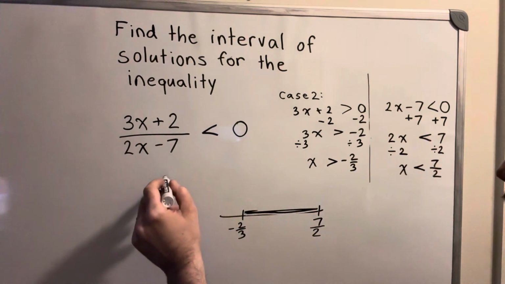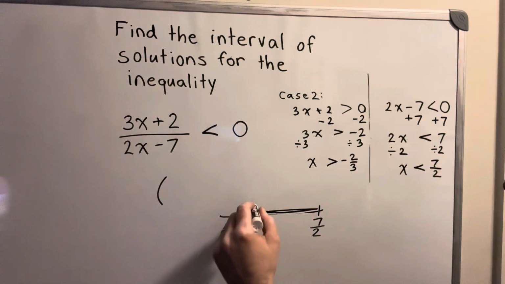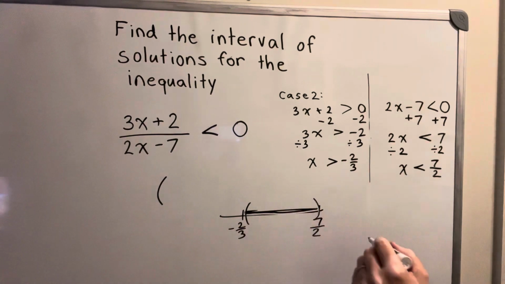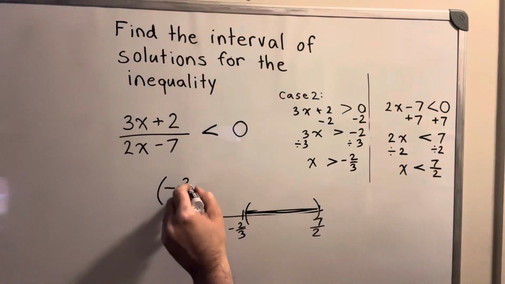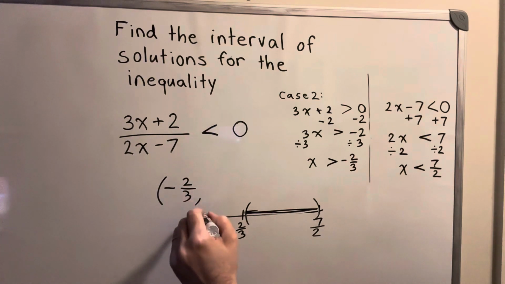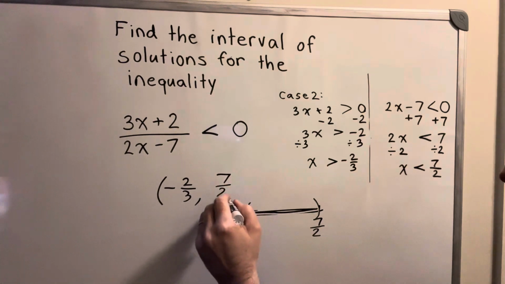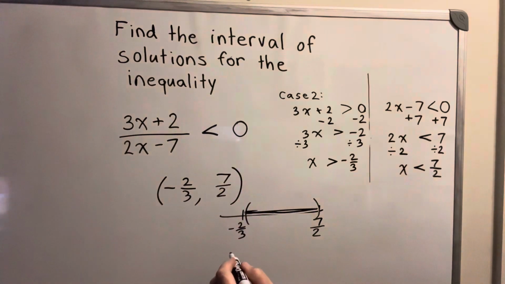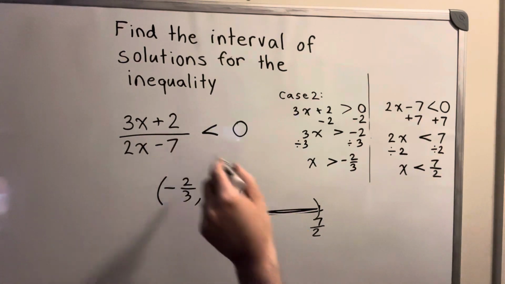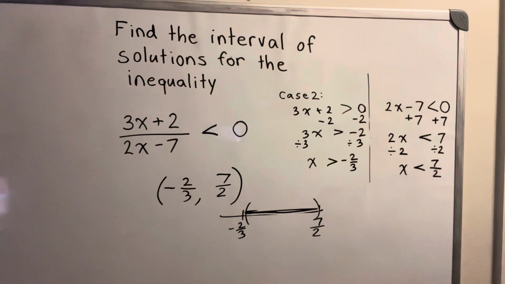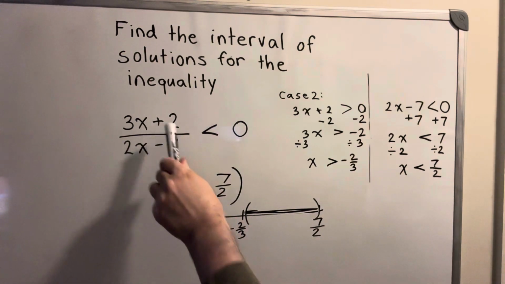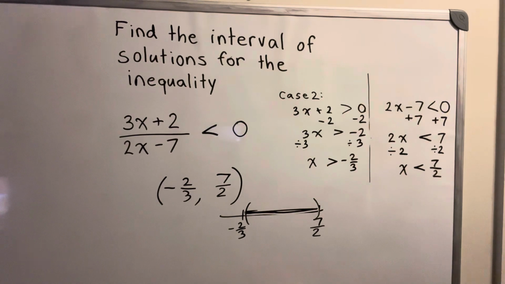So the interval of solutions, not including the boundaries, is from negative 2/3 to 7/2, not including negative 2/3 and 7/2. It's actually undefined at 7/2 because the denominator cannot be 0. And at negative 2/3, it is equal to 0. So in this open interval, this quotient is negative.